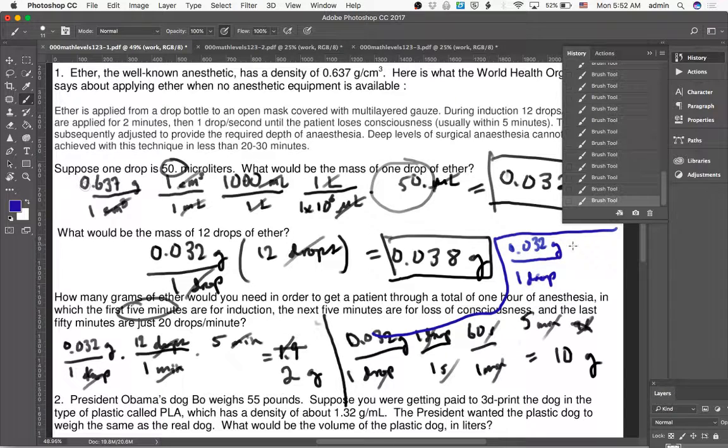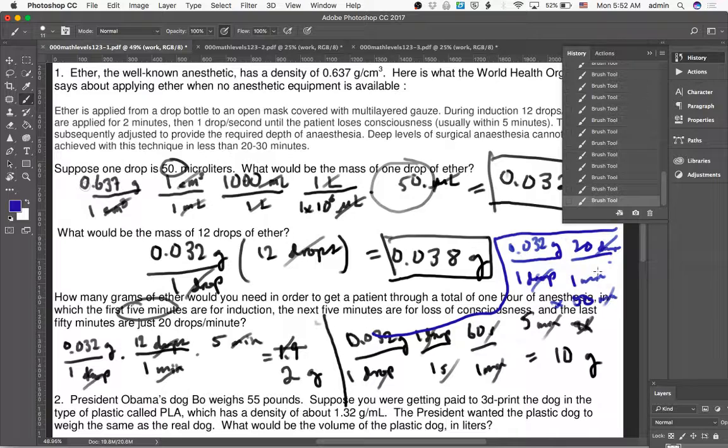So the last 50 minutes are just 20 drops per minute. Drops cancel, minutes need to cancel, so multiply by 50 minutes. So then minutes cancel.